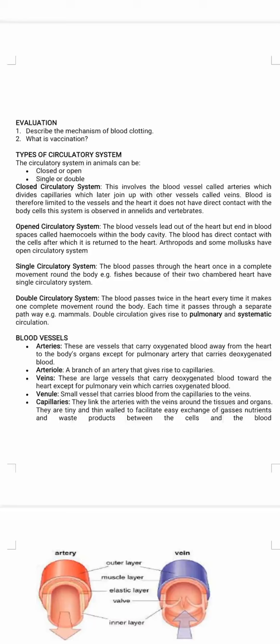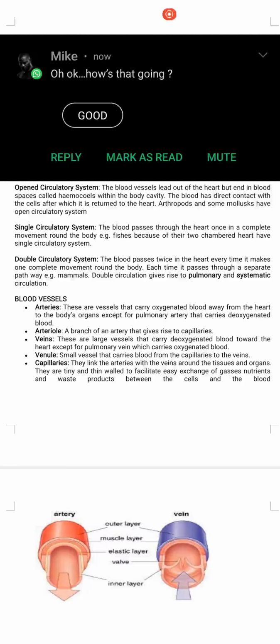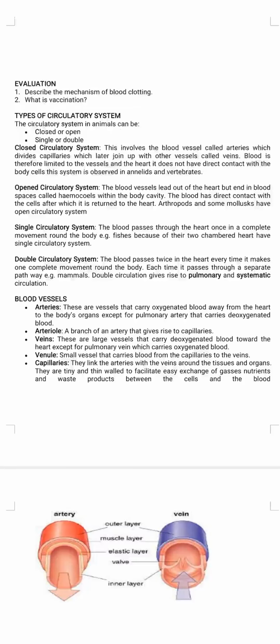Now, to achieve this in mammals, it has to be a double circulatory system where the blood goes round and does a complete cycle twice. That is, it goes round from the heart through all the blood vessels. It does it twice to make one complete cycle or movement.